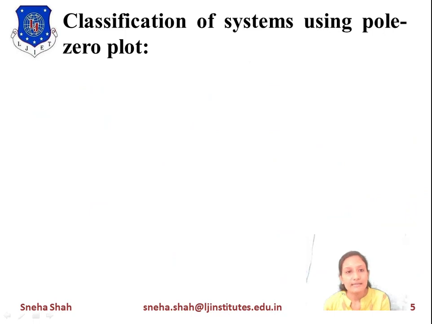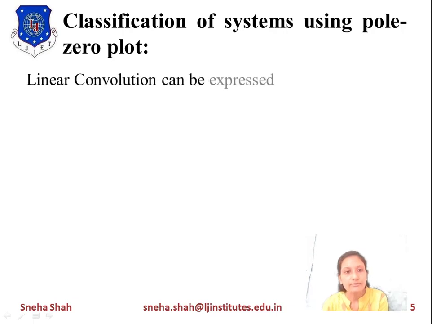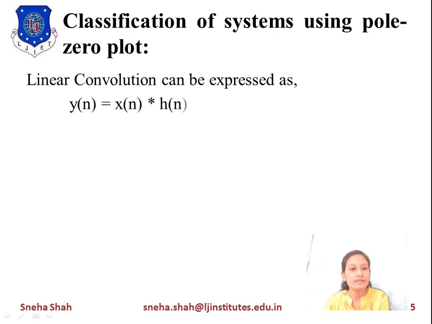Now the next topic is classification of systems using the pole-zero plot. There are basically two types of system based on the pole-zero plot. We will start from linear convolution. Linear convolution can be expressed as y of n equals convolution of x of n with h of n.